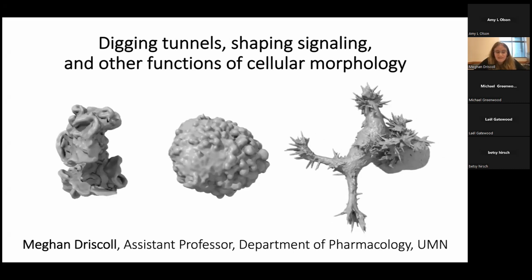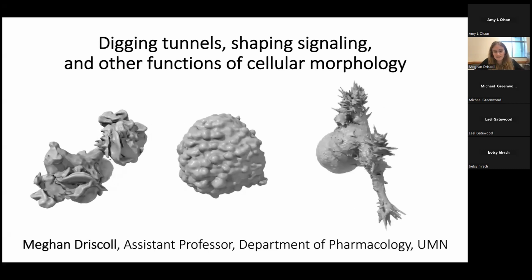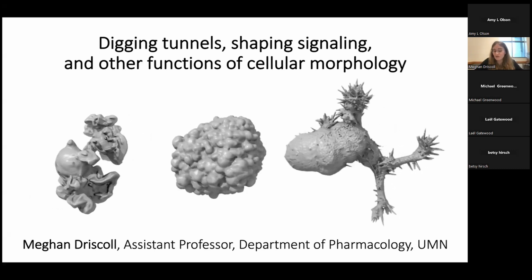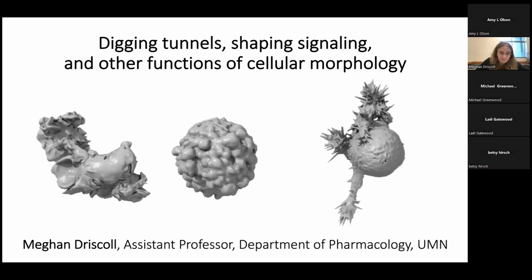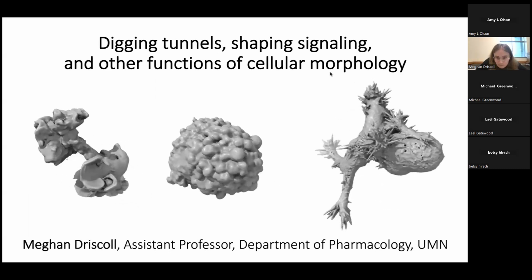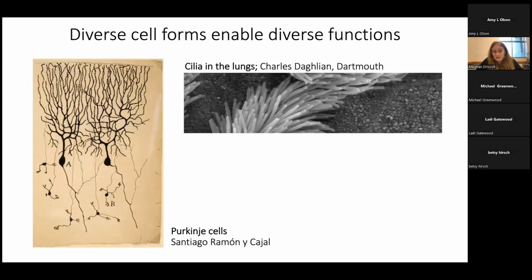But cell morphology also directly facilitates cell functions. Right. So we know that the shapes of neurons help allow us to think. Cilia in the lungs help us to breathe.